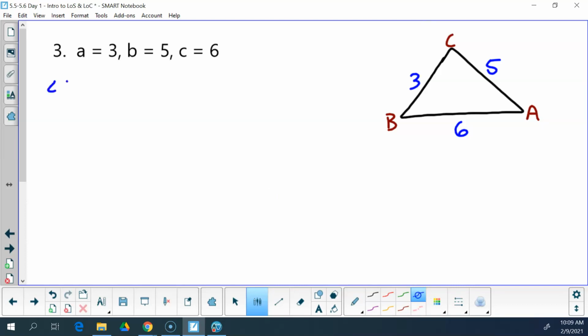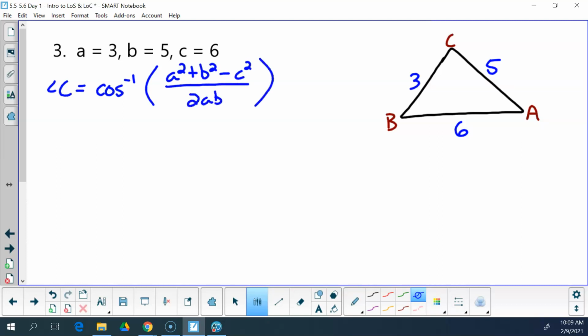So angle C is going to be the inverse cosine of a squared plus b squared minus c squared, all over 2ab.